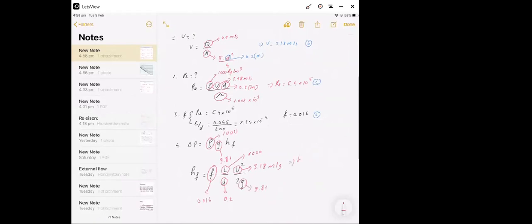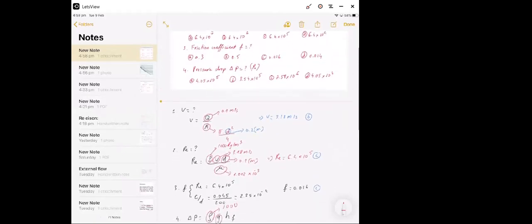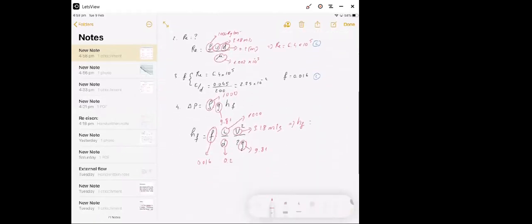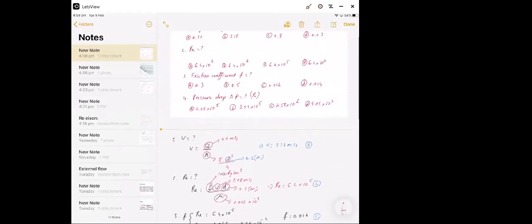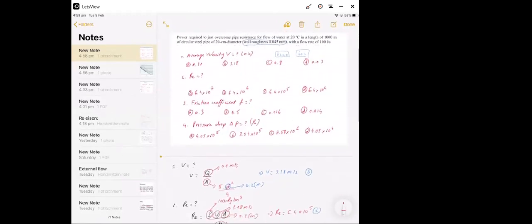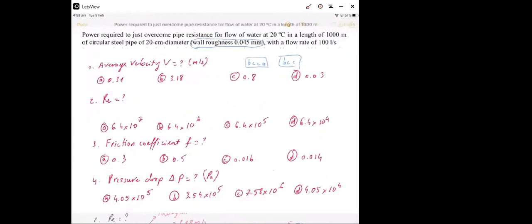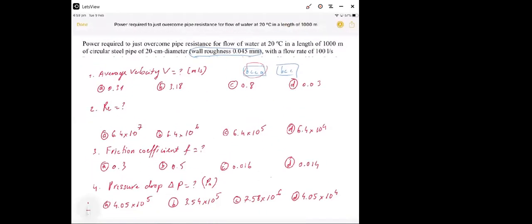So we have delta P is 4.05 times 10 power 5. This means the answer is A. So you write. Okay, you have 4 marks. 3 marks in question 1, 4 marks in question 2. Okay, 7 marks already.